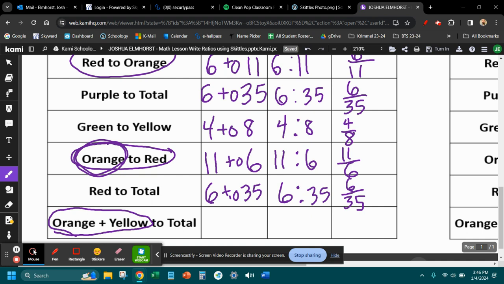How many orange and yellow are there? 19 to 35. And if we notice, out of the 5 colors, over half of the Skittles are orange and yellow. So if you open up the Skittle bag, sometimes you open up and you're like, oh, there's a lot of green in here. And this one, if you open it up, there's a lot of yellow and orange.